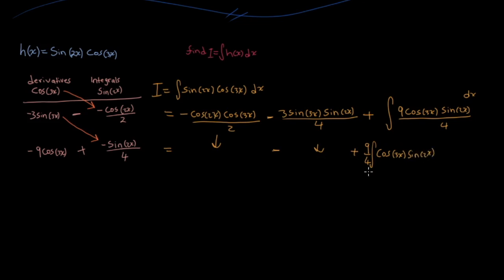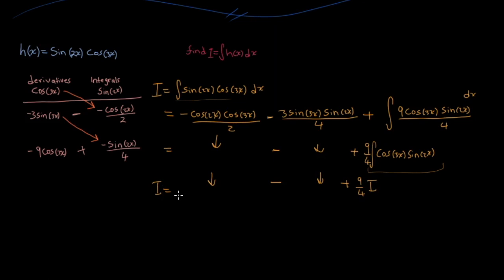Now this right here equals I. So we can rewrite this expression, not including the 9 over 4, as 9 over 4 times I. So we would write this minus this, plus 9 over 4 I.